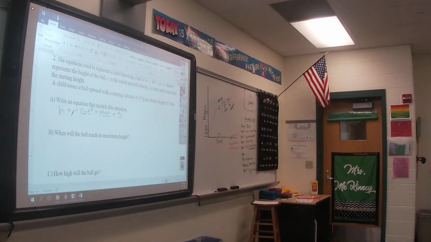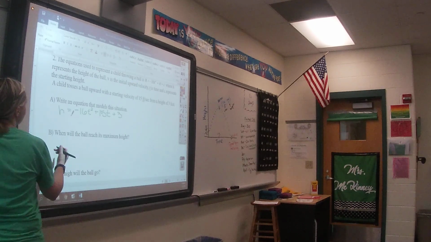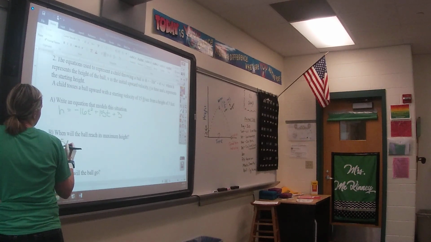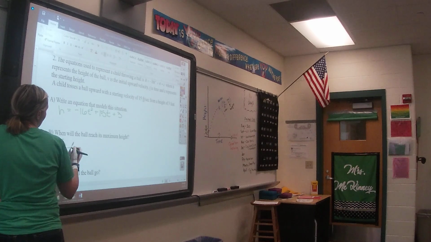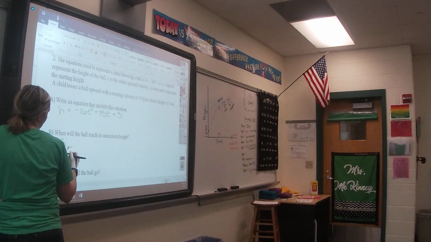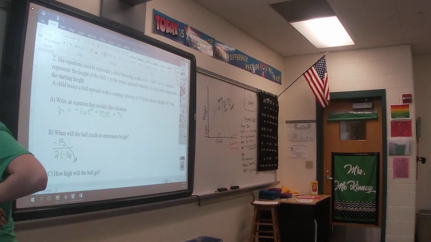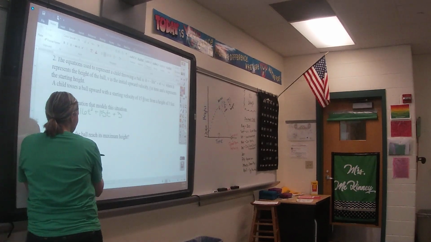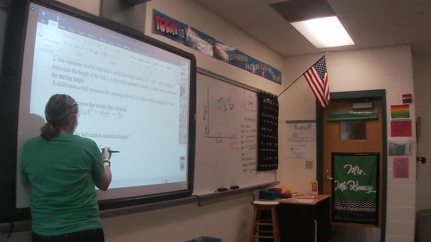The x value. So we want negative b over 2a. Okay, so let's do that. Negative 15 over 2 times negative 16. That's 0.47.